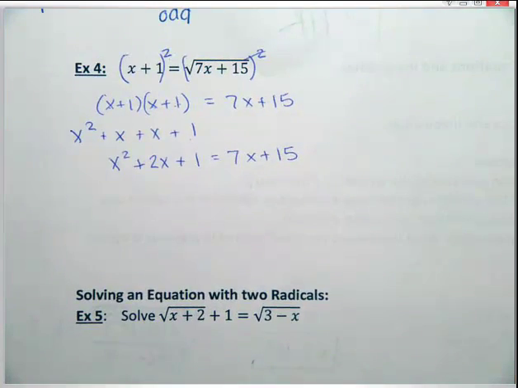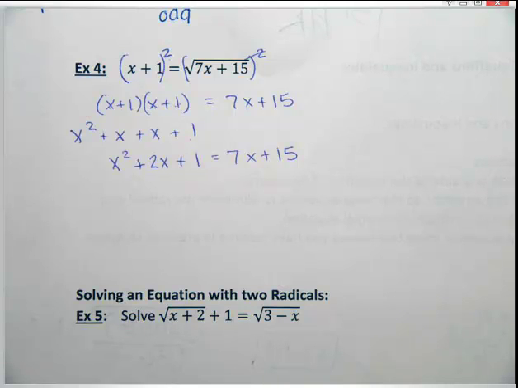So what you'll notice at this point is now we have introduced an x squared into the mix, which means when we solve this equation, we're going to have to use quadratic techniques. Am I going to be able to use square roots? No. I have an x squared and an x. So I have to set everything equal to 0 and either use quadratic formula, factoring, completing the square.